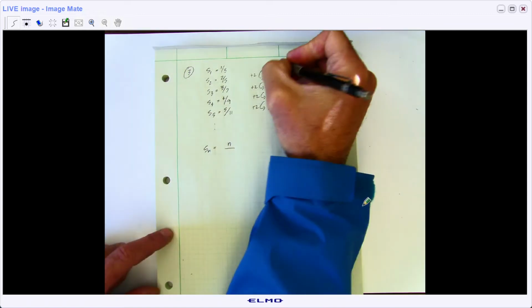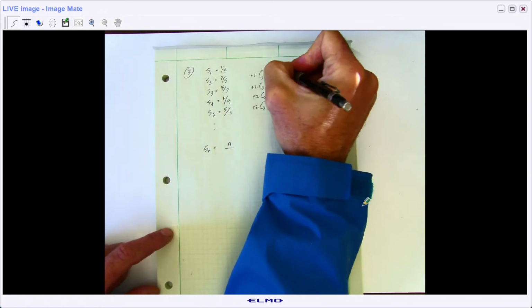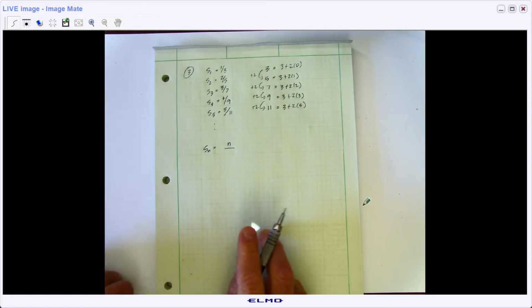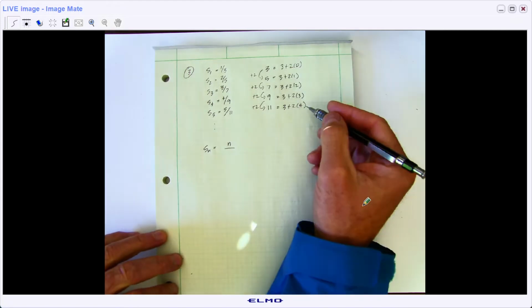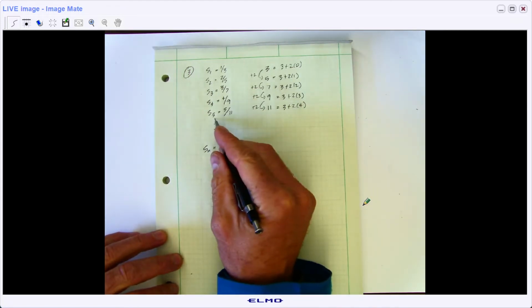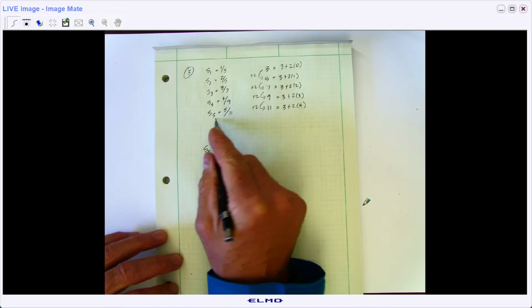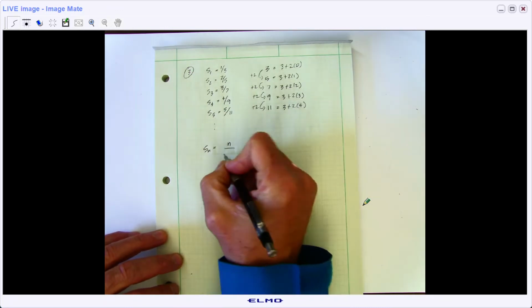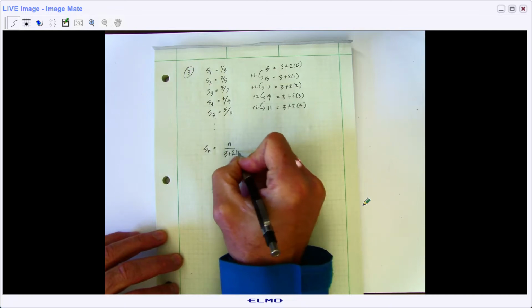So that means I could write the original one as 3 plus 2 times 0, right? But I have to be careful again here. The number of 2's being added is always 1 less than the index, right? So what I would have to write is 3 plus 2 times n minus 1 on the bottom.